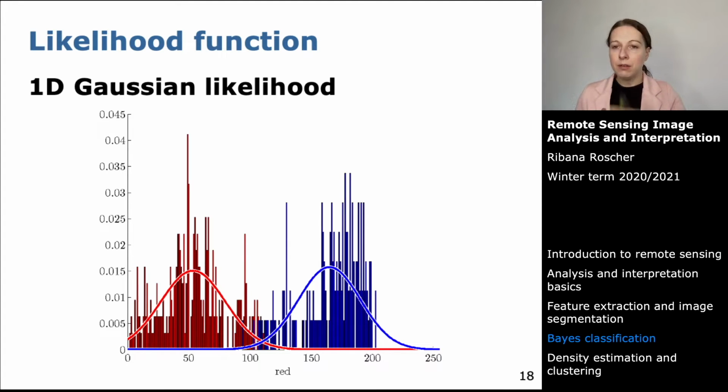And then you have two curves in there for the two classes. And the curves in red and blue are the computed Gaussian density functions, parameterized with the mean and the covariance. So where you have the peak, this is actually the mean of the specific class. So 1D likelihood can be illustrated with the histograms.